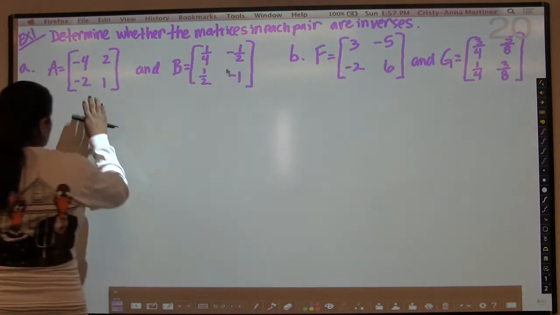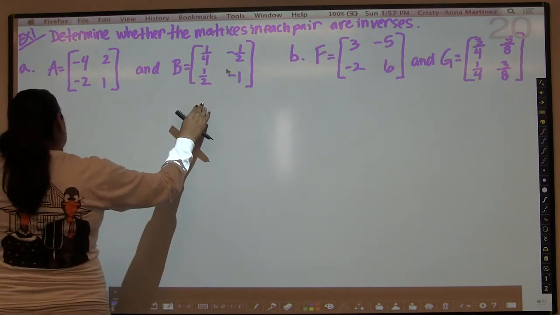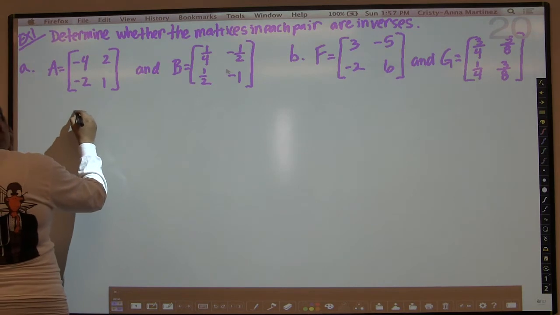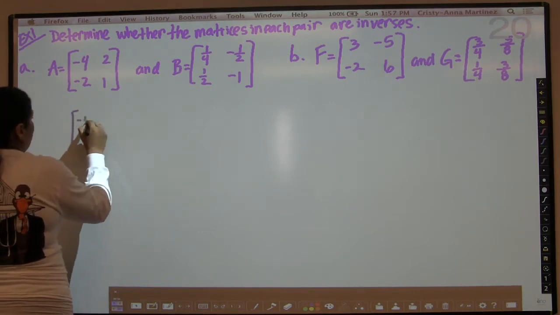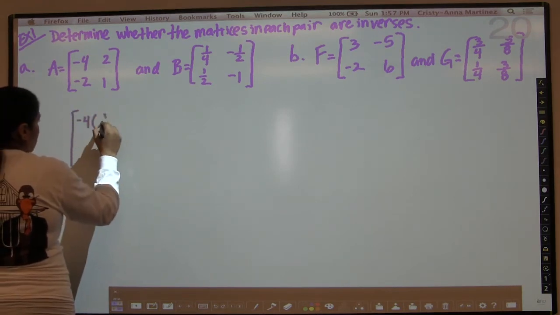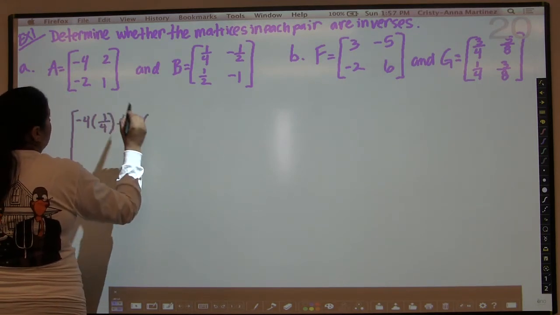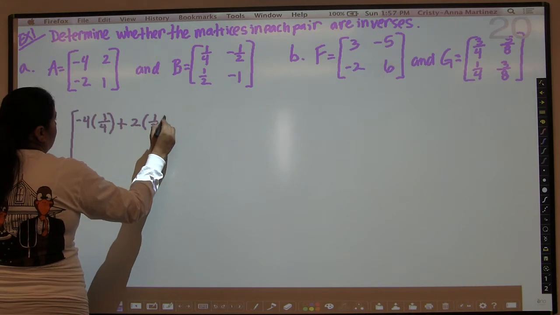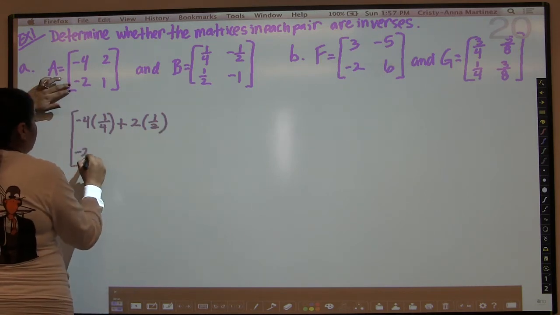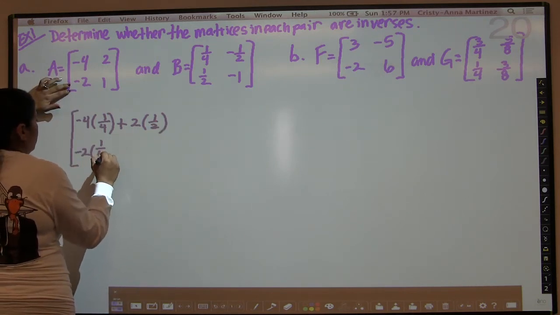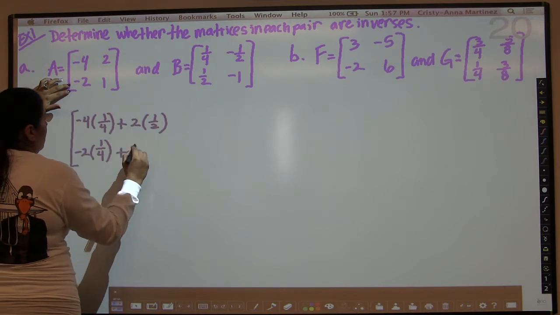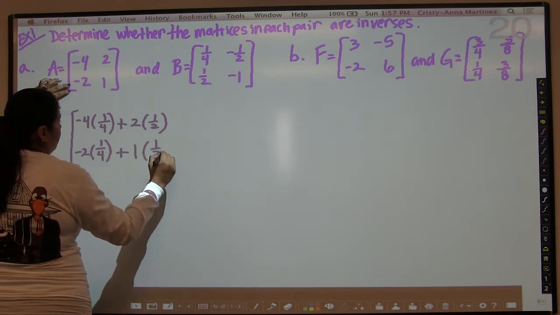So again, a 2 by 2 and a 2 by 2 is going to give you another 2 by 2. So this is going to be -4 times 1/4, and then 2 times 1/2. Then I'm going to get -2 times 1/4, and 1 times 1/2.